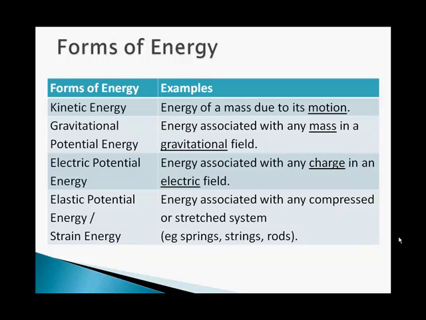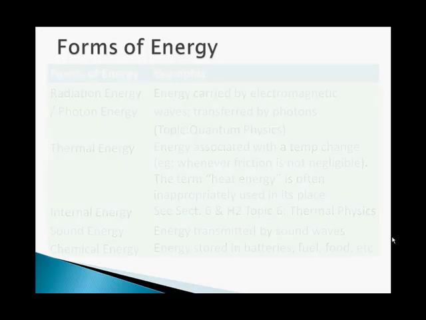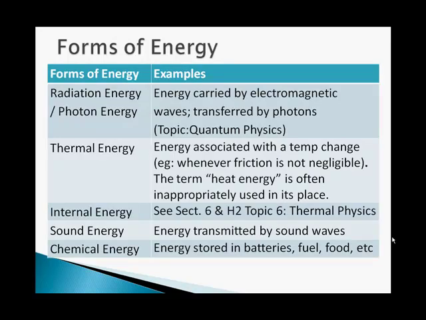And finally, elastic potential energy is the energy associated with any compressed or stretched system. So some examples are springs, strings, or rods. Alright, so other forms of energy are radiation energy, thermal energy, internal energy, sound energy, and chemical energy. And you can actually read the examples as listed in the notes yourself.